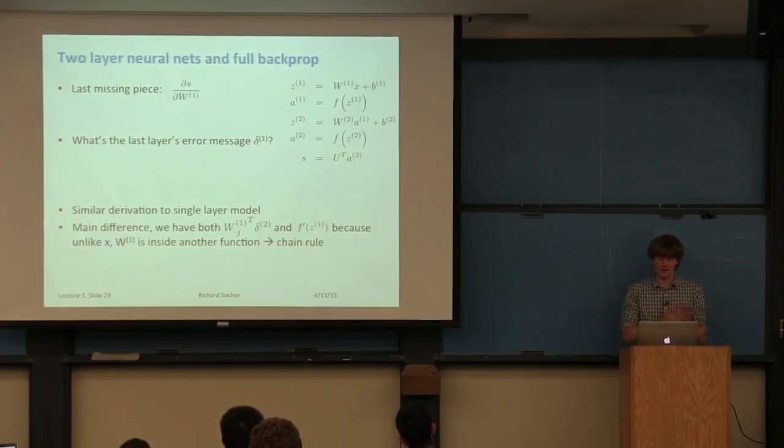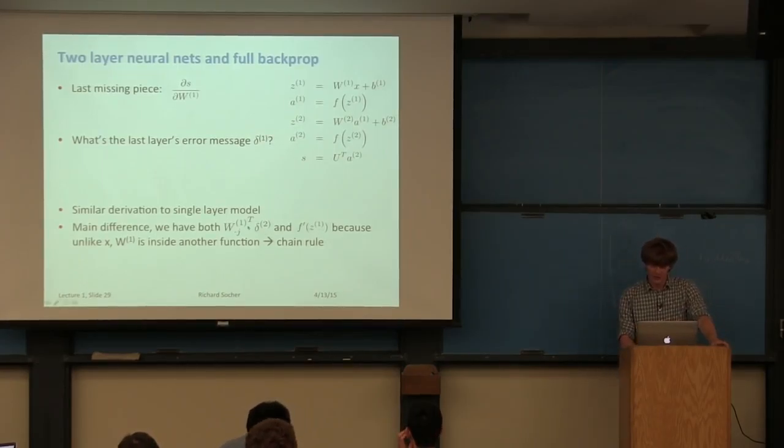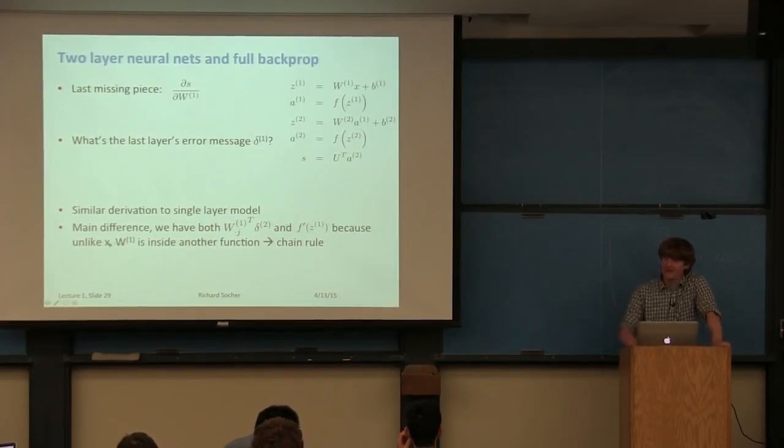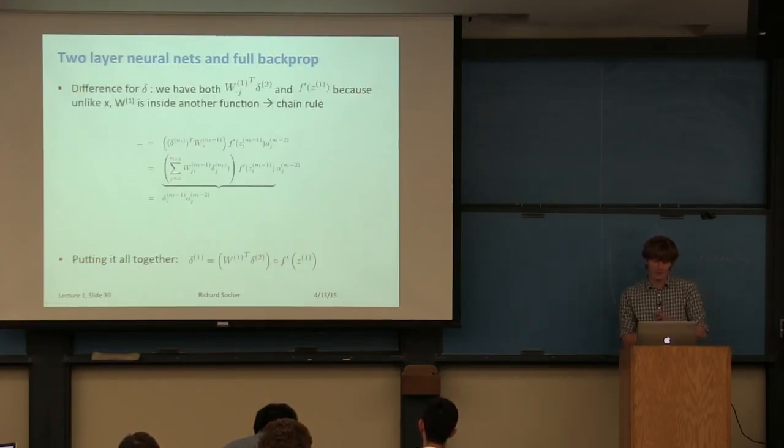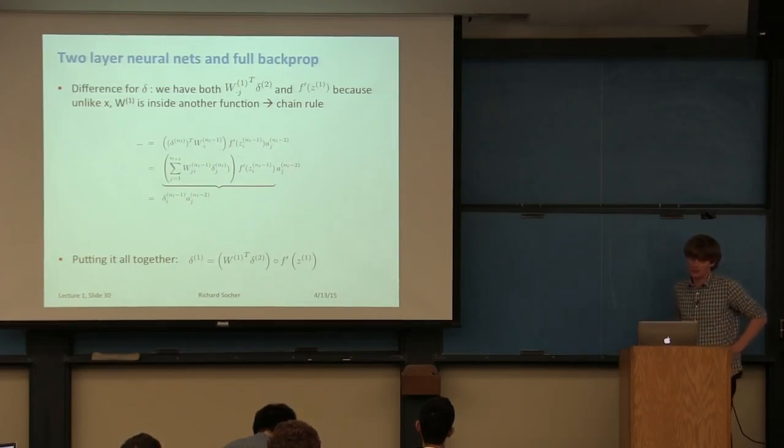So basically, the main difference is that we have, just as before, this kind of equation which we use to take the derivatives of the word vector in a single hidden layer, but now we also have f prime. Because unlike x, where our derivatives ended at x, W1 will also be inside another function. And again, we'll just apply the chain rule. It'll just get more and more tedious to write it out. And maybe in the lecture notes, we'll actually write out all the gory details.